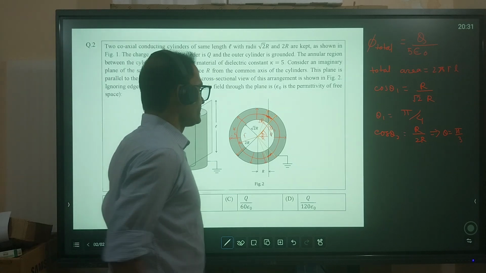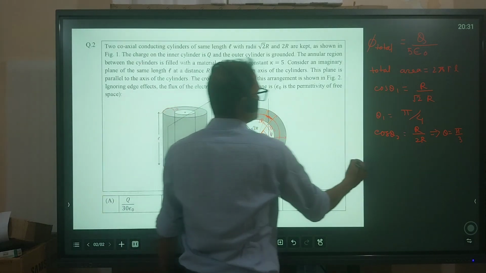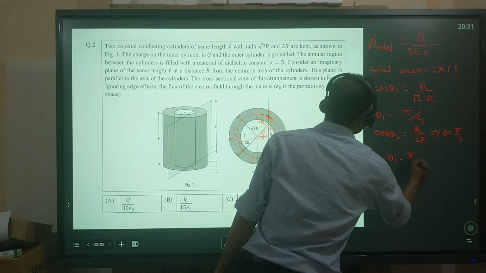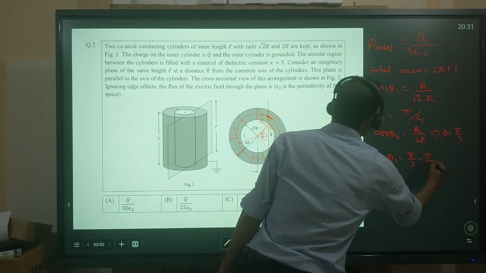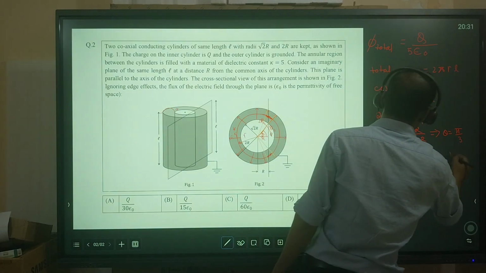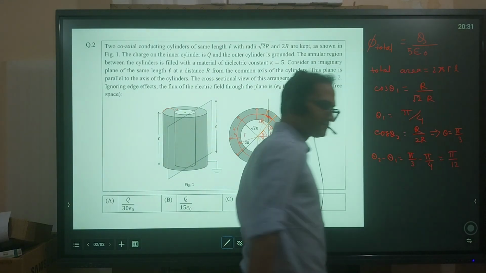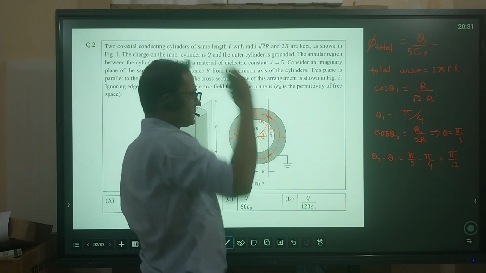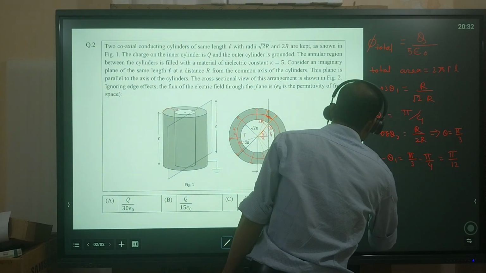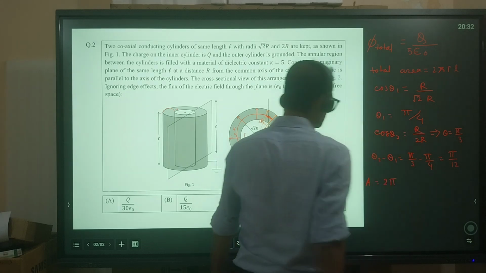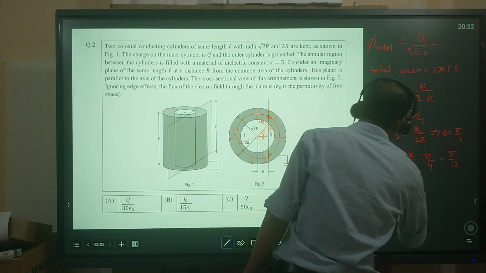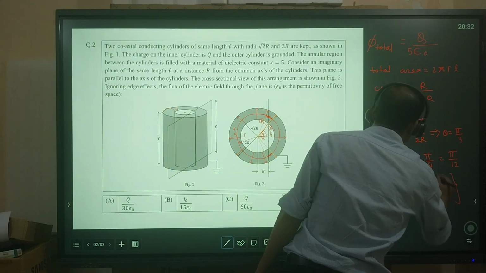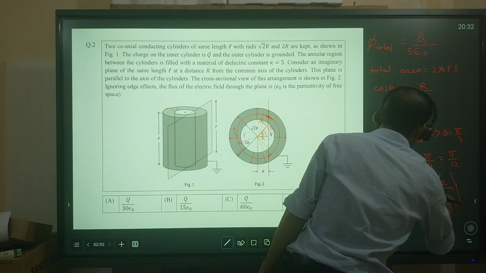And this angle will be theta 2 minus theta 1, pi by 3 minus pi by 4, and that will become pi by 12. So what will be that area? That area will be 2 pi RL times pi by 12 divided by 2 pi.